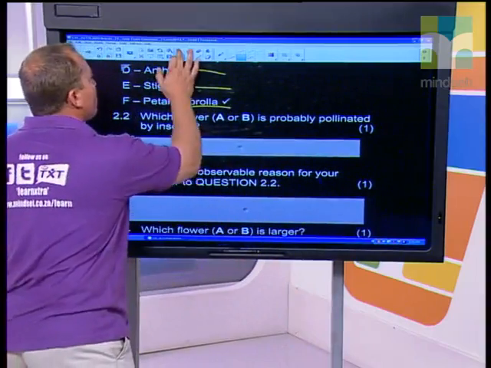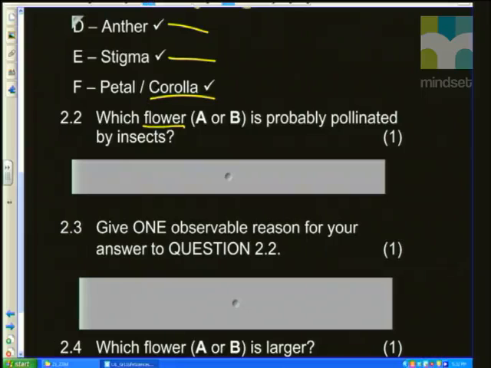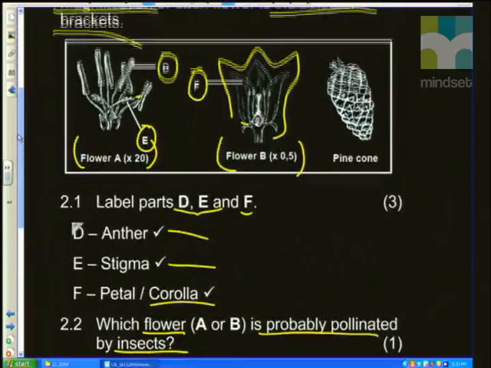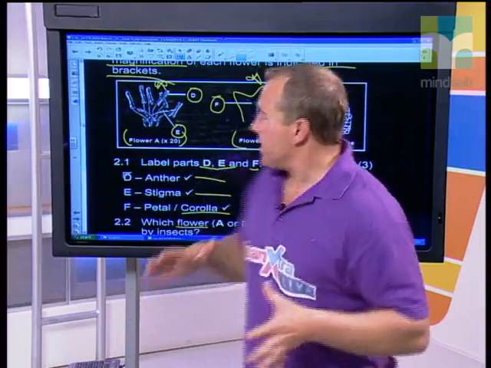Next one. Which flower, A or B, is probably pollinated by insects? Let's have a look. Okay, is it this one or is it this one? Now, I need you to understand the difference between the two. First one, if I have a look, I've got these male parts like huge and sticking out of everything, right?